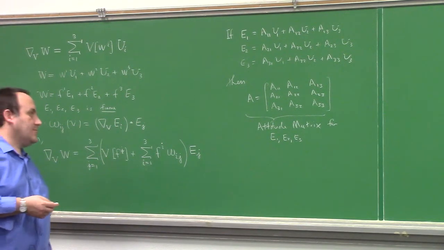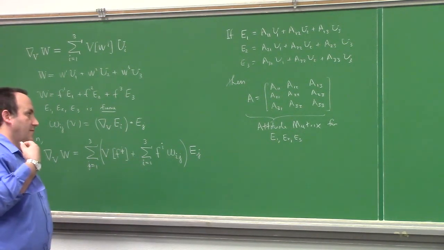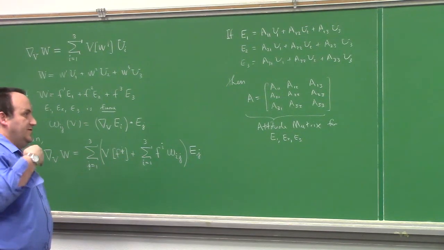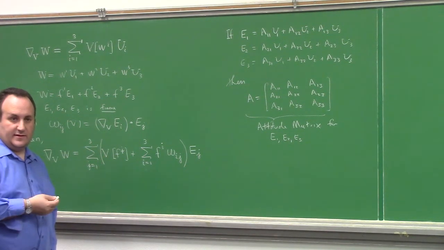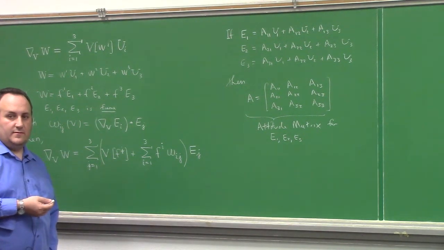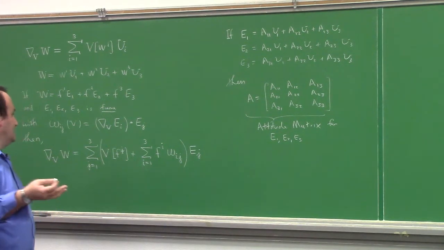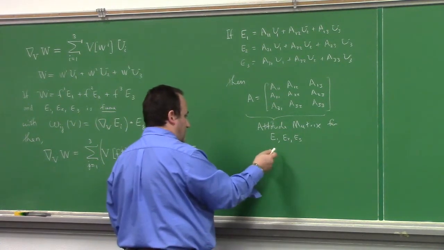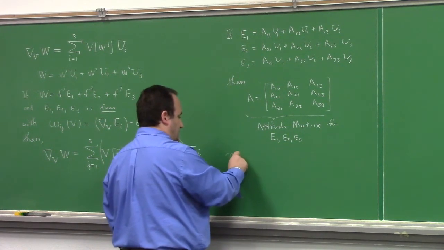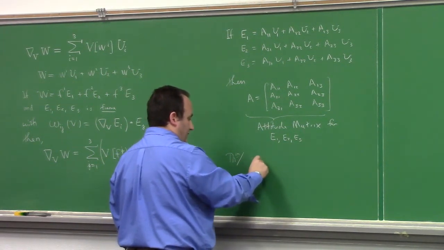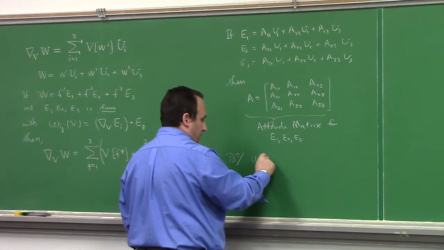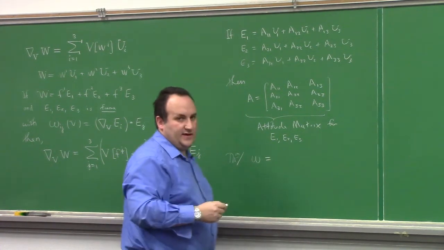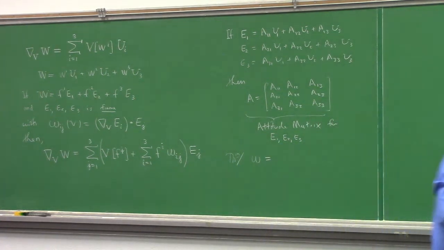And so if you have a non-Cartesian frame, we also proved what? Remember this theorem? The connection form, what's it equal to in terms of the attitude matrix? What did we get?